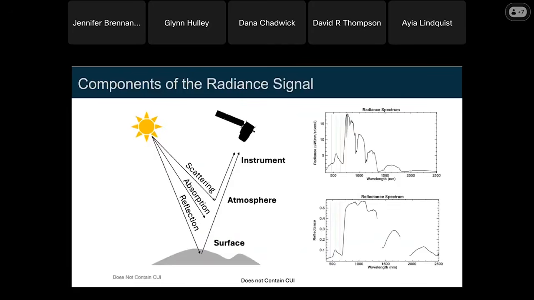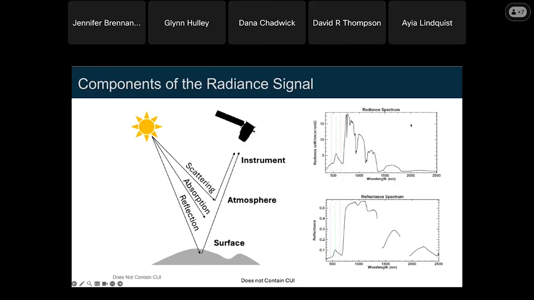Okay, so the components of a radiance signal, like I mentioned before, contain a lot due to the atmosphere and then a part due to the surface as well. Dana showed a version of this diagram before, but I want to revisit it a couple times during my talk because it's really important to grok this fundamental difference.